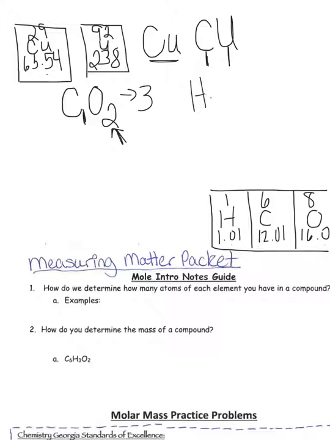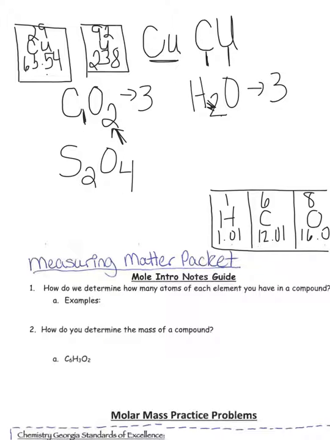If I have H2O, which is water, that little 2, it's called a subscript, is attached to just that hydrogen right there. So in H2O, there are also 3 atoms. 2 of them are hydrogen, 1 of them is oxygen. If I have, let's see here, disulfur tetroxide.